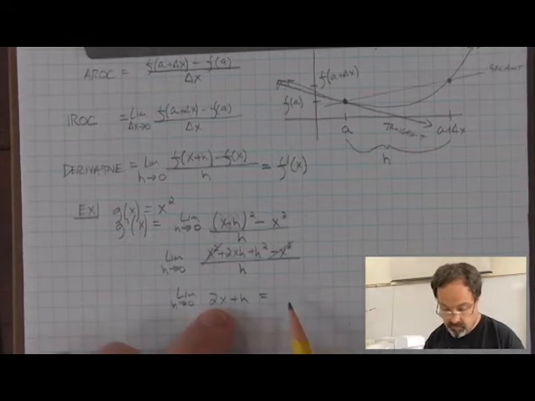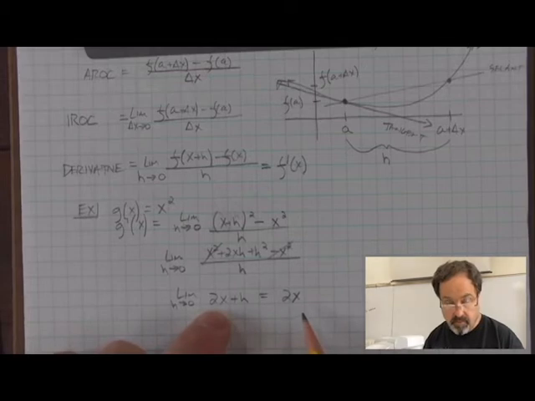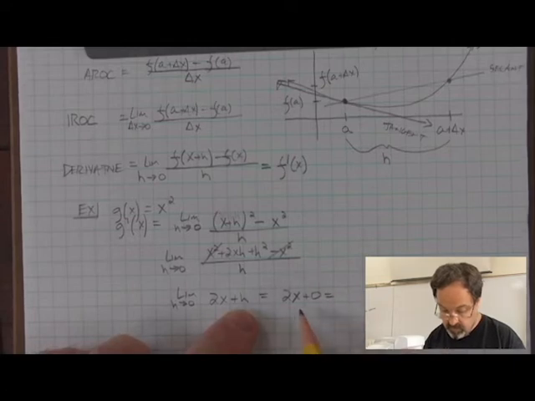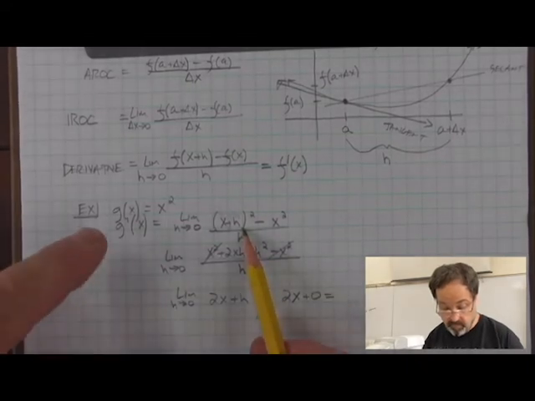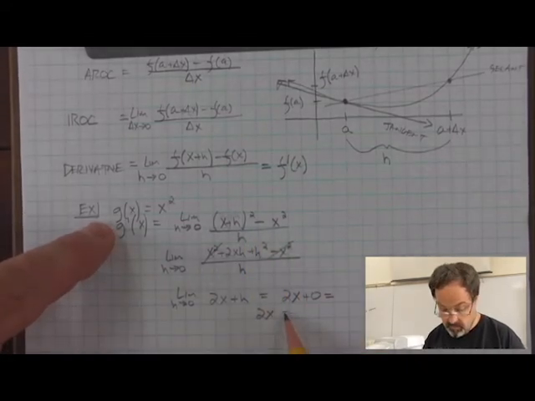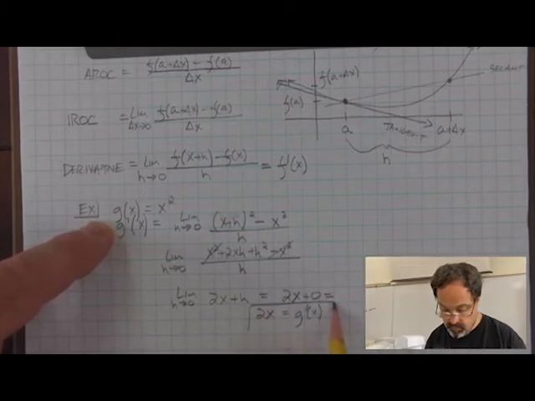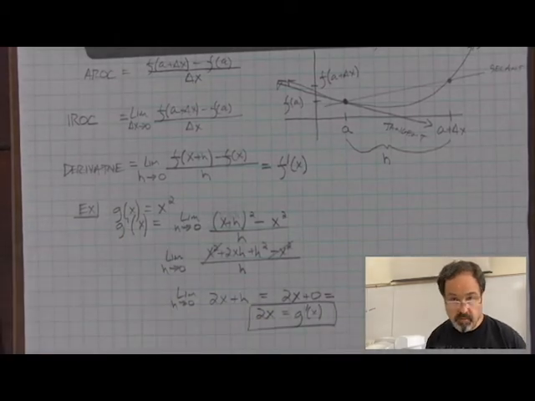The limit as h goes to 0 of this term that doesn't contain an h remains 2x. And h goes to 0. Simplified, I get 2x, which is a general expression for the derivative of g. 2x is equal to g prime of x, the derivative of g.